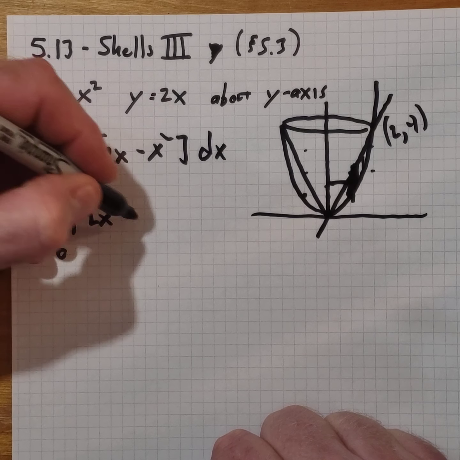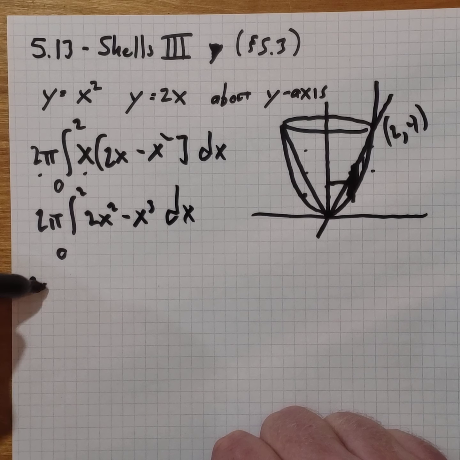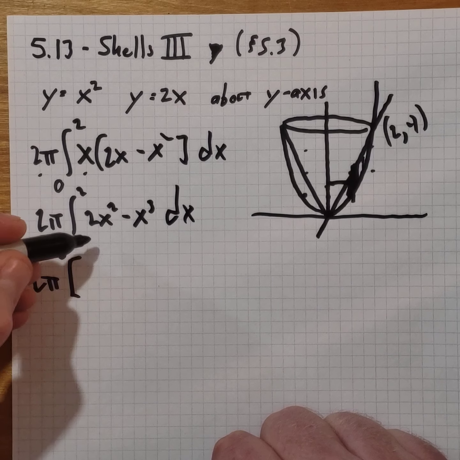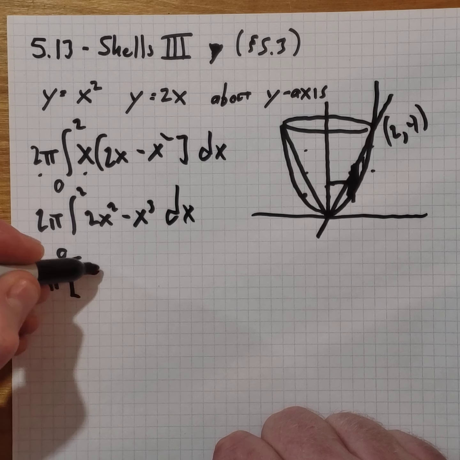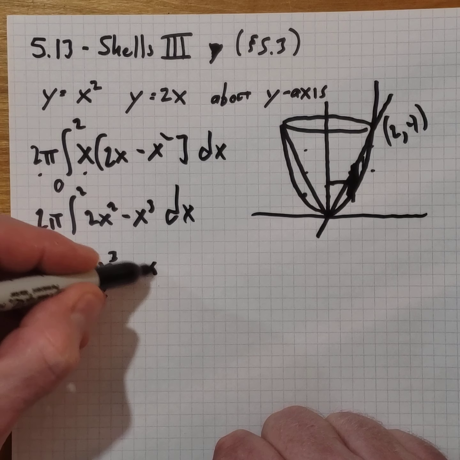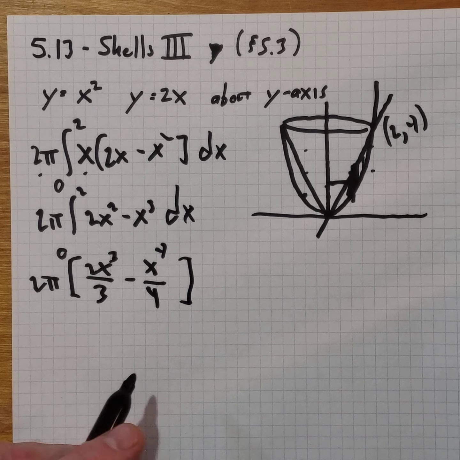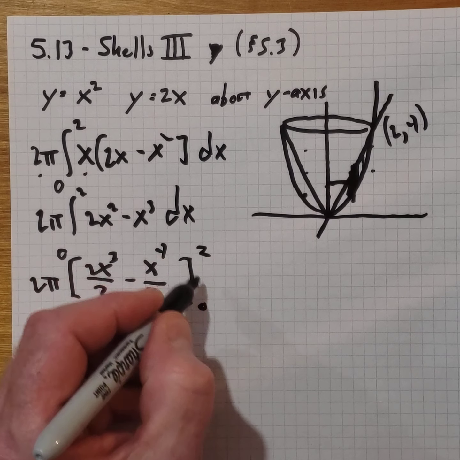2x squared minus x cubed dx. Let's get 2 pi. The antiderivative there is going to be 2x cubed over 3 minus x to the 4th over 4, from 0 to 2.